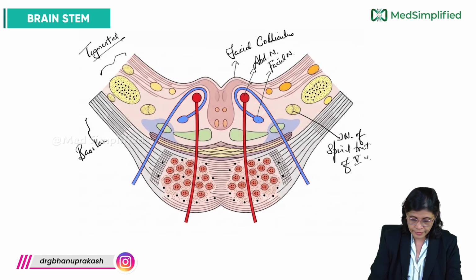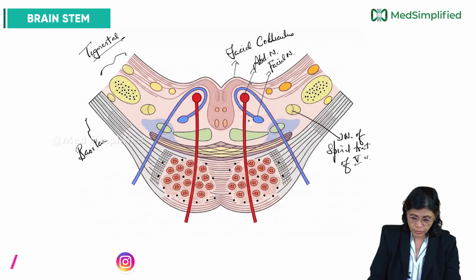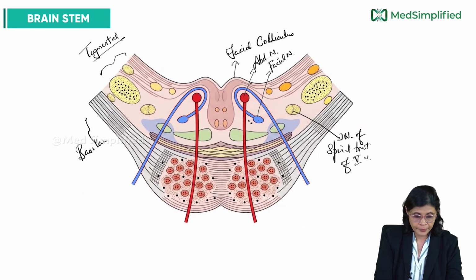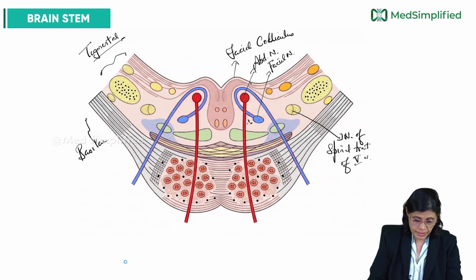In addition to that, we also see, close to the facial nerve nucleus, the superior salivatory and lacrimatory nucleus also present here. Superior salivatory, inferior salivatory and lacrimatory. Those nuclei are also present in relation to the tegmental part here. Then the vestibular nuclei.